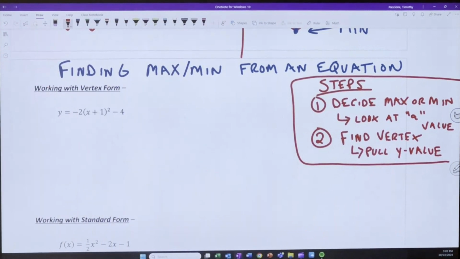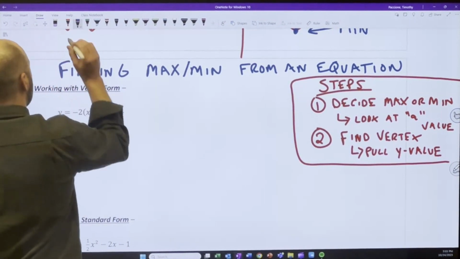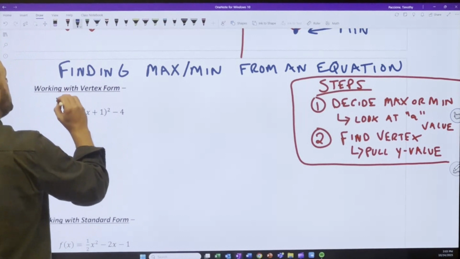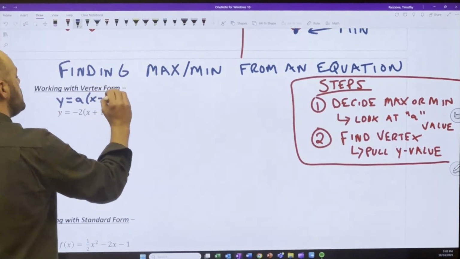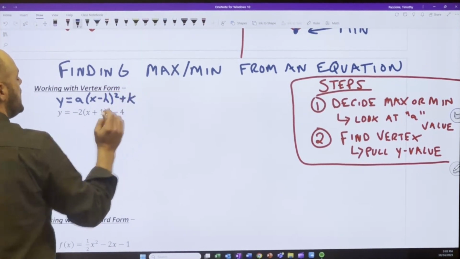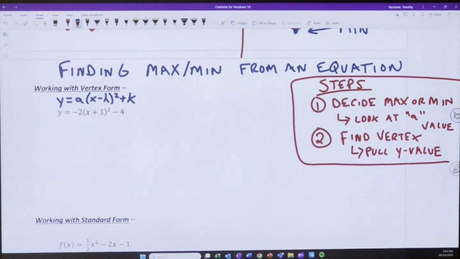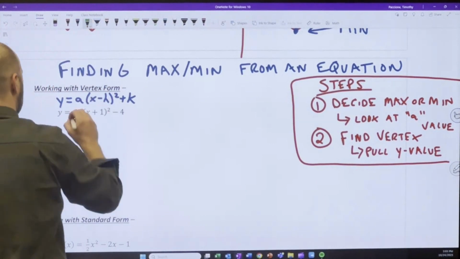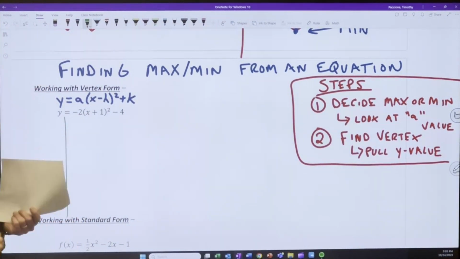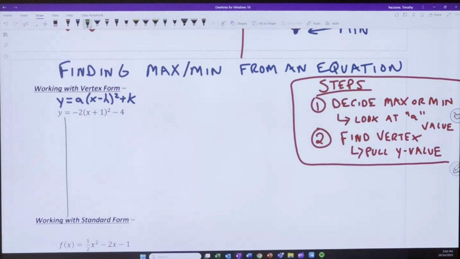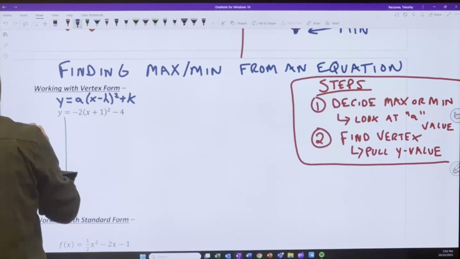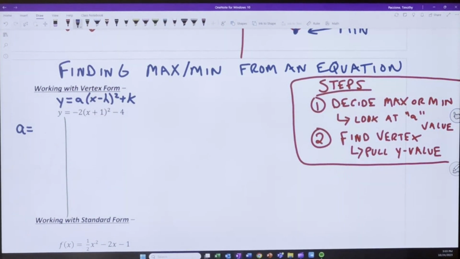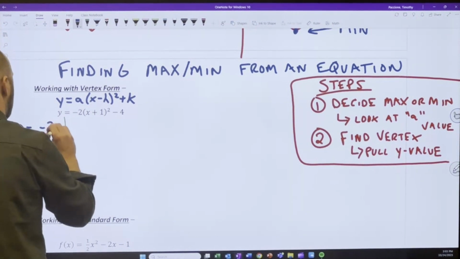So we're going to do this in a couple different forms. The first form is that vertex form, which is useful because everything's in the form: A times x minus h squared plus k, right? It's all there. So first thing we need to do is decide if we have a max or a min. And where do we look? A value. So our A in this case is -2, right?